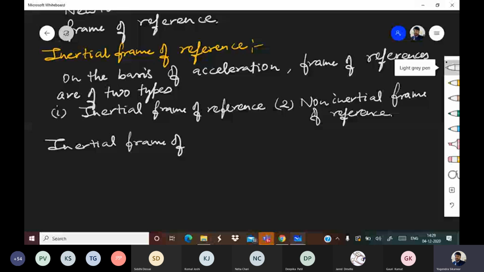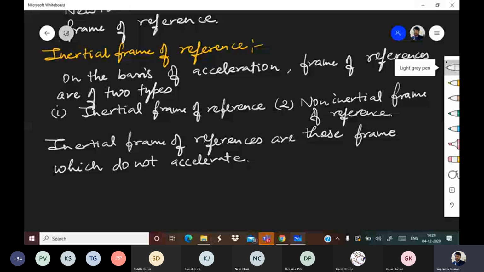Suppose an object is observed from someone who is at rest, then that frame will be called an inertial frame of reference.